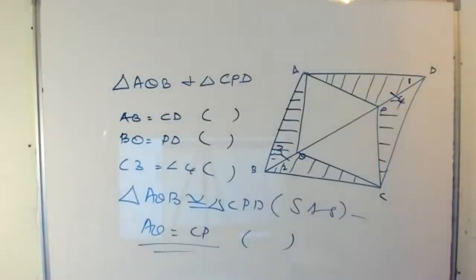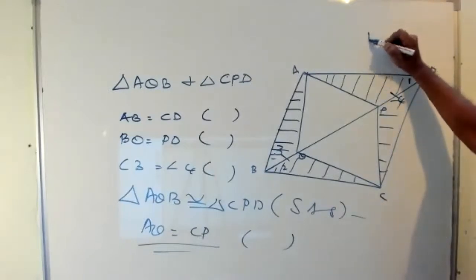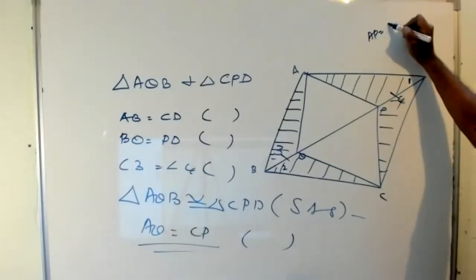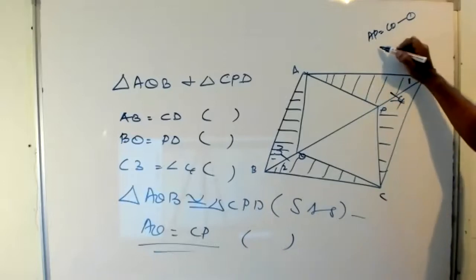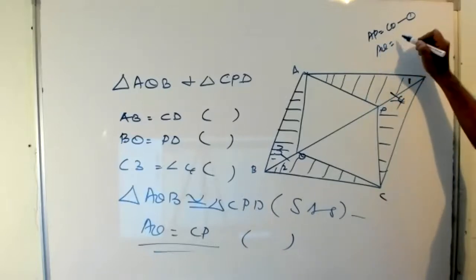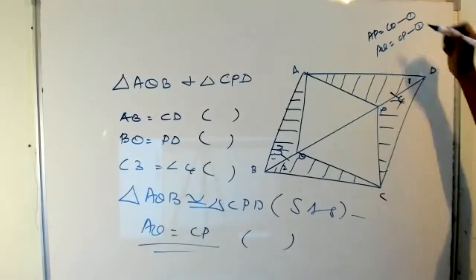Okay. So now, can you call that AP equal to CQ? Call it number 1. And now here we got AQ equal to CP. Call it number 2.